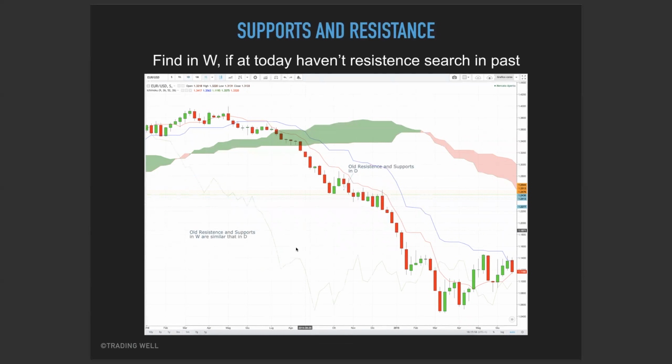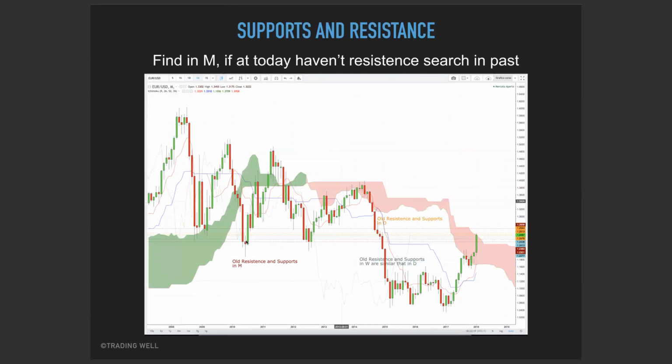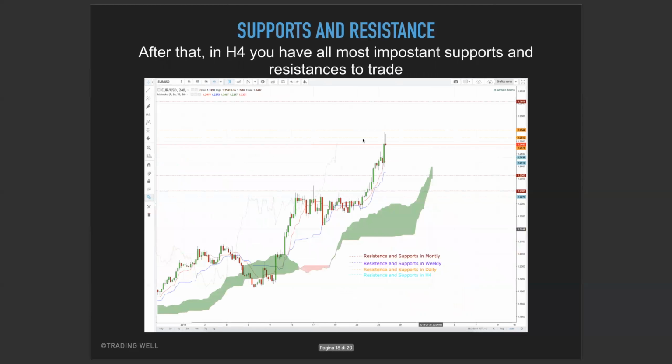And we do the same in monthly. Here you use a different color for different time frames. So at the end of all, when we come back to 4-hour time frame, we have immediately the monthly, weekly, and we haven't because it's the same of daily, and the resistance and support in H4.